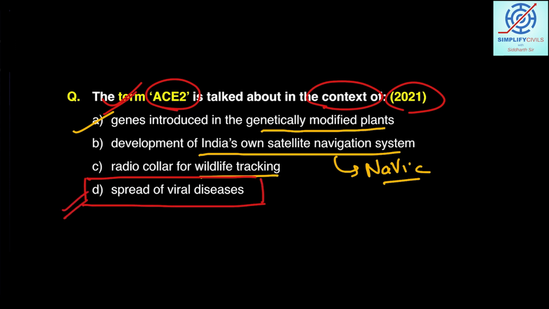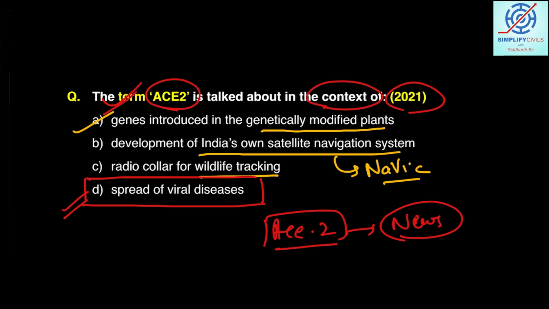But why was such a question asked? Because these ACE2 receptors were very much in the news, and the news was that if we can regulate these ACE2 receptors, then we can prevent the spread of the disease. Some antibiotics, some drugs can be used so that the ACE2 receptors are not recognized by the spike protein.